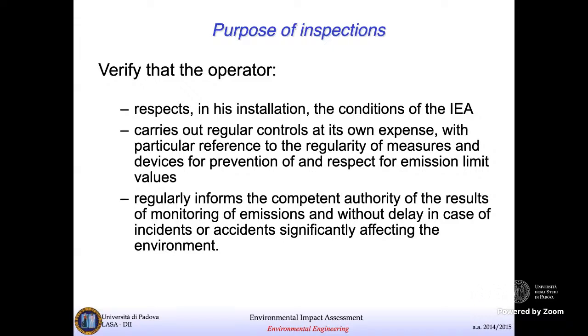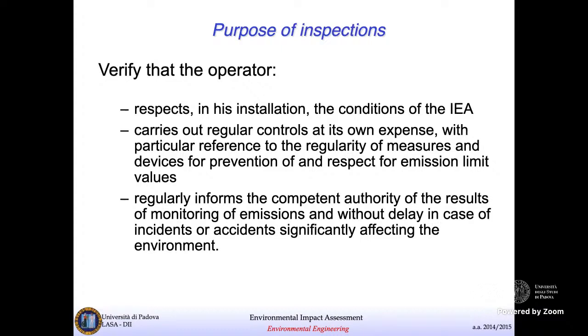Verify that the operator respects in his installation the requirements of the authorization, carries out regular controls at its own expense, with particular reference to the regularity of measures and devices for prevention of and respect for emission limit values as provided by the regional and national environmental protection agency, and regularly informs the competent authority of the results of these inspections.